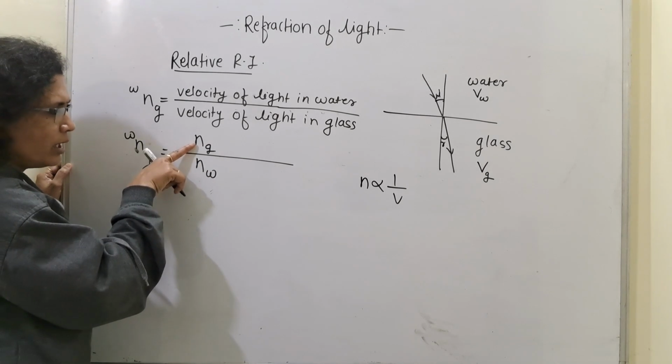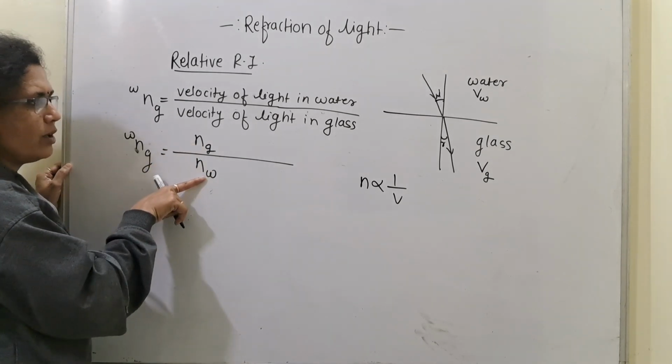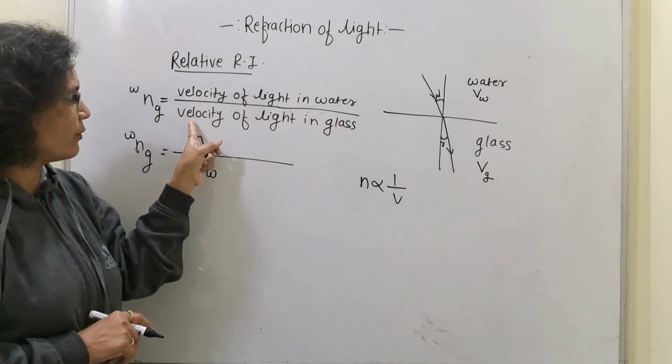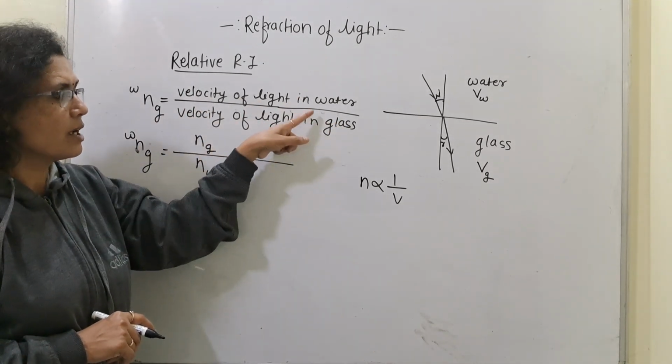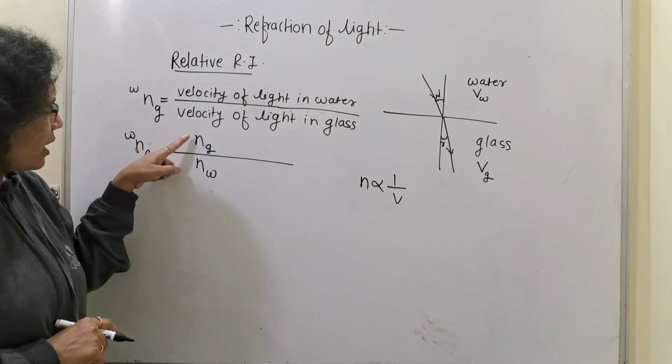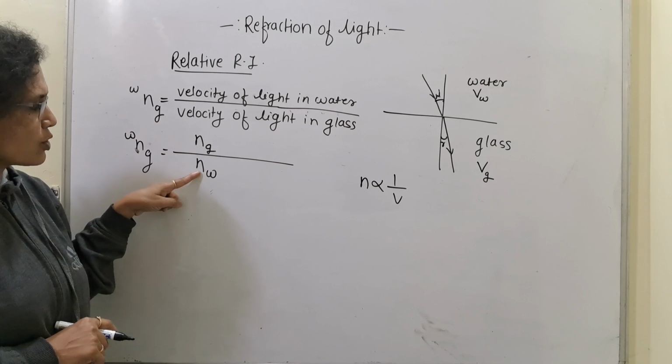That is refractive index of glass divided by refractive index of water. Velocity of light in water divided by velocity of light in glass. Water divided by glass. Here what I have written? Refractive index of glass divided by refractive index of water.